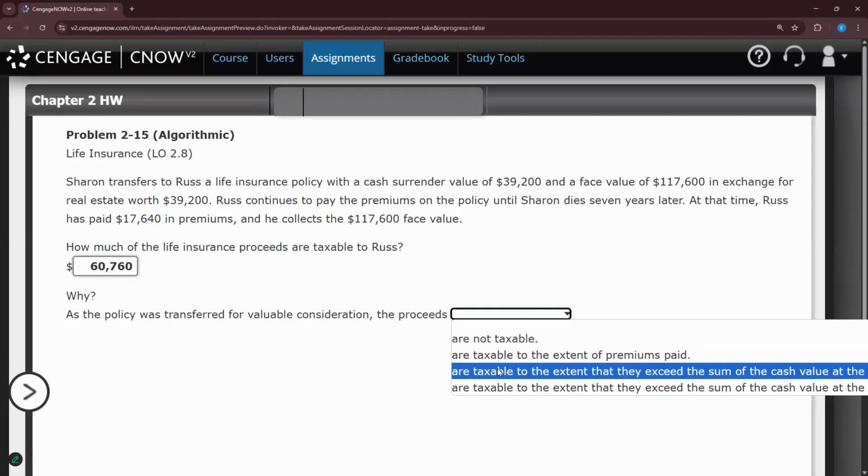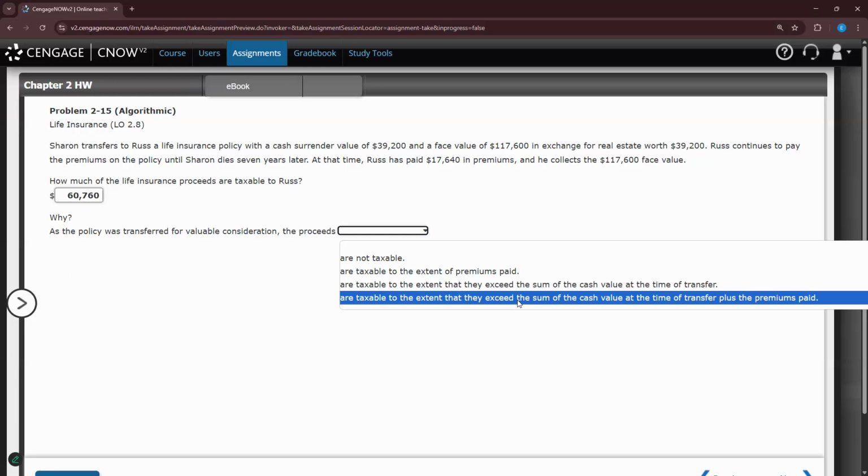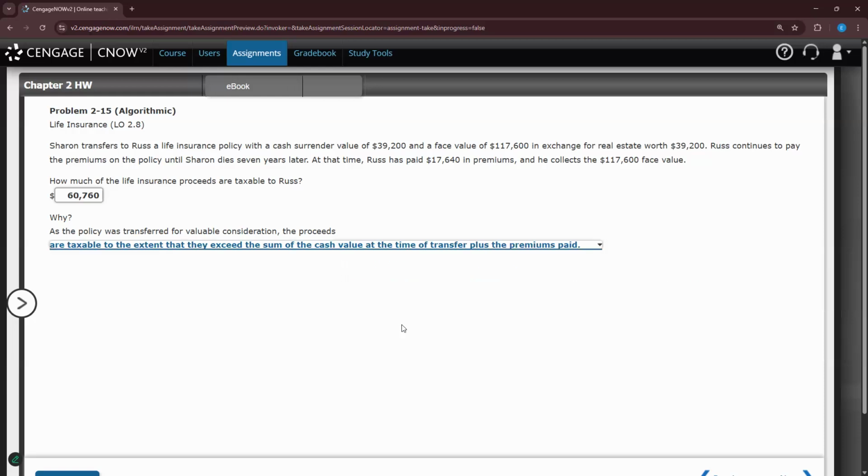Proceeds are taxable to the extent that they exceed the sum of the cash value at the time of the transfer. Yeah, but then also, what about the premiums that Russ paid? So in such case, the correct answer is that as the policy was transferred for valuable consideration, the proceeds are taxable to the extent that they exceed the sum of the cash value plus the premiums paid.